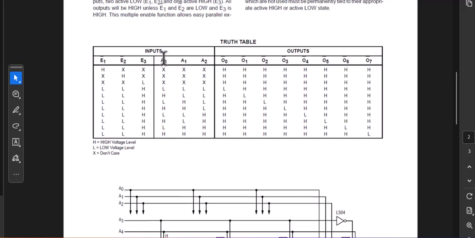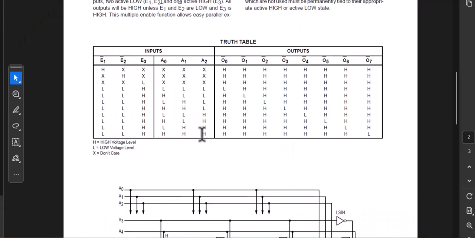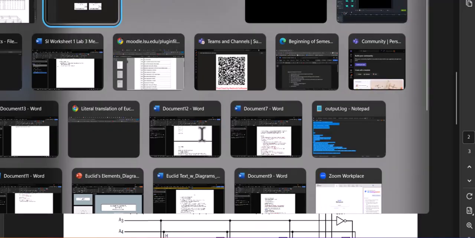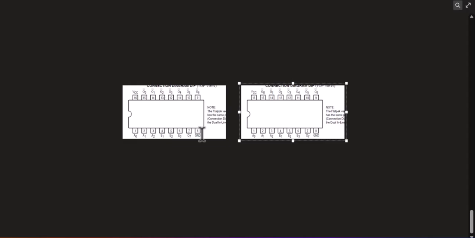And your inputs are A0, A1, A2. And are those also reverse of what we want? No. Okay, so what did I just say? E1, E2 low, E3 high.